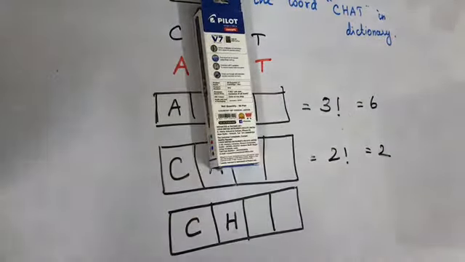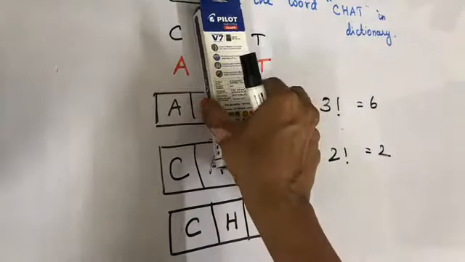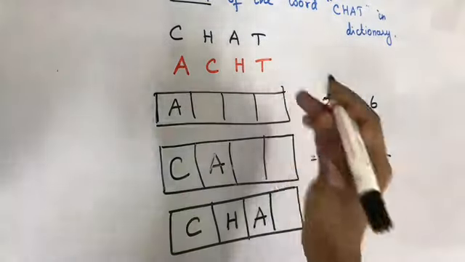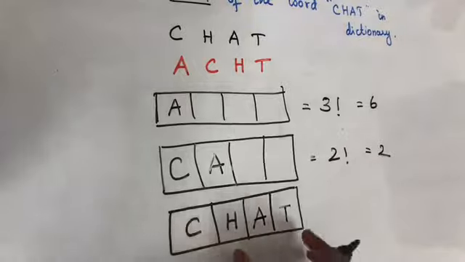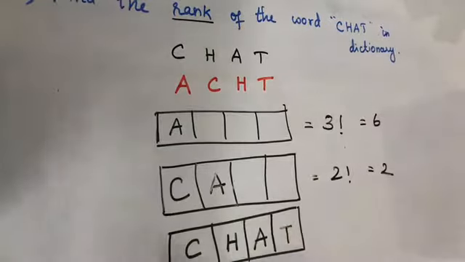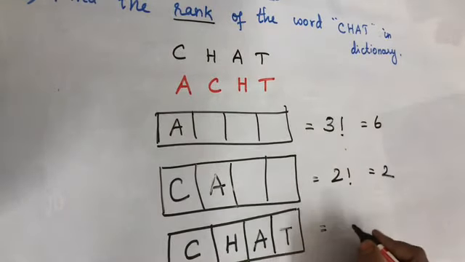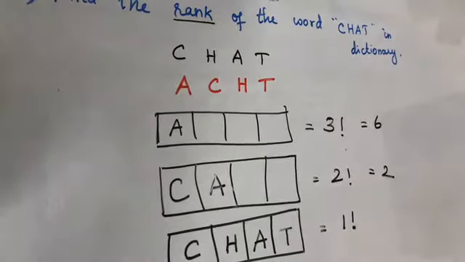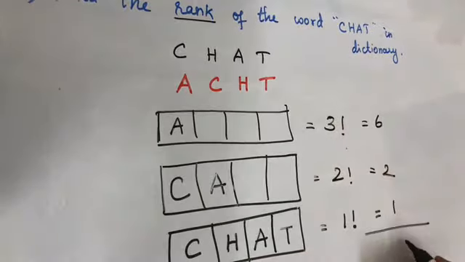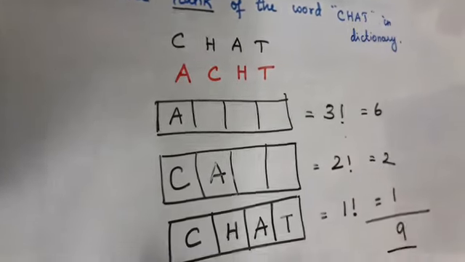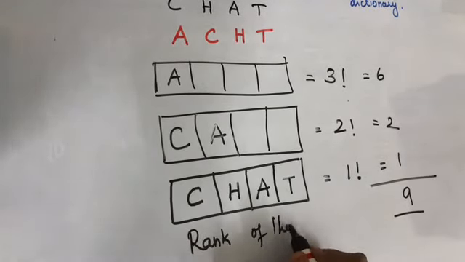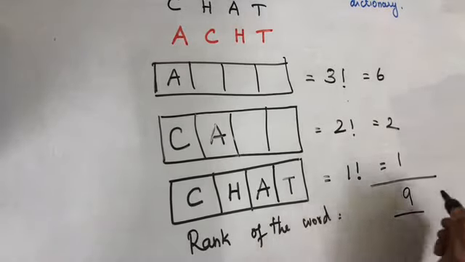A and T. If I write A here, then T will come here, and this is our required word. So this arrangement can be filled in 1 factorial ways, and 1 factorial is equal to 1. So adding 6 plus 2, 8, plus 1, 9. So the rank of the word is 9.